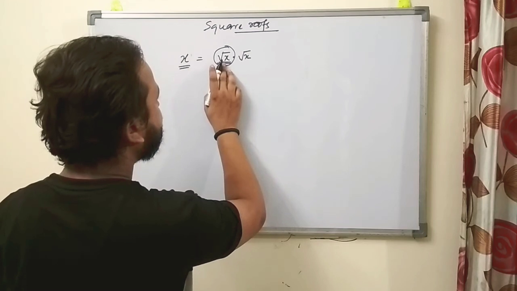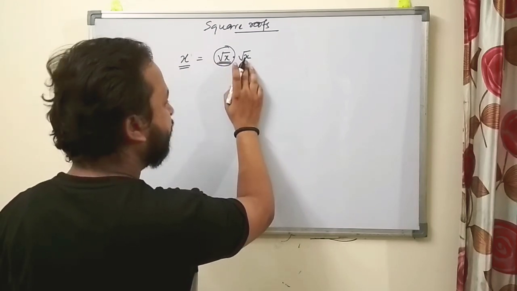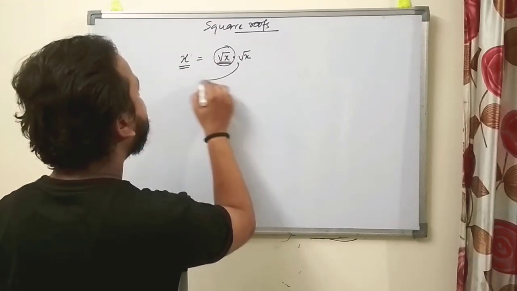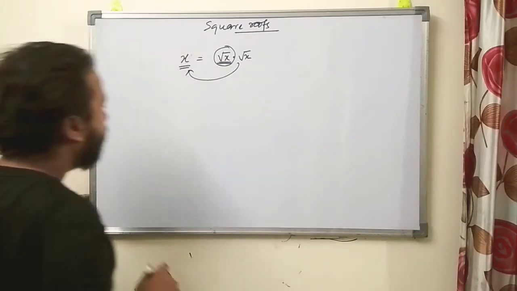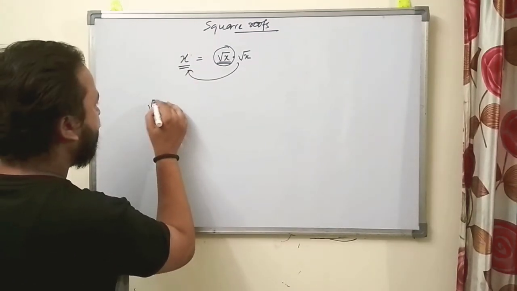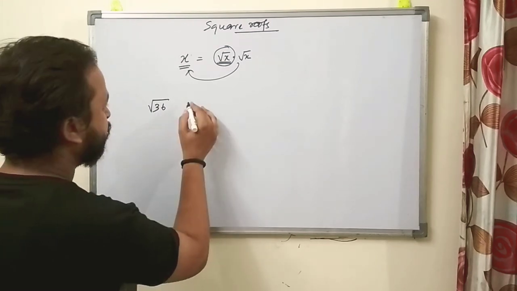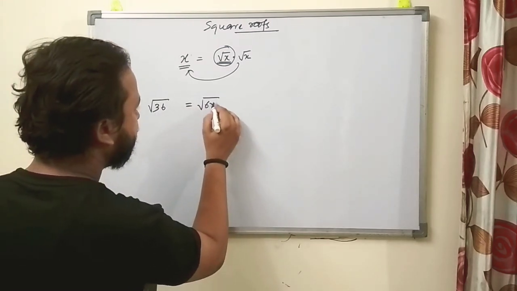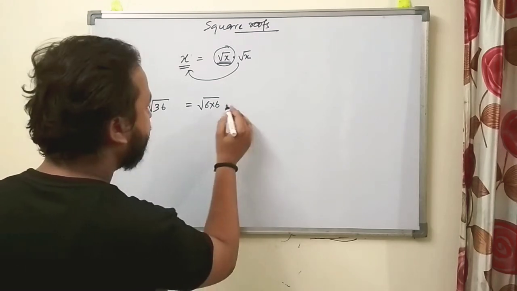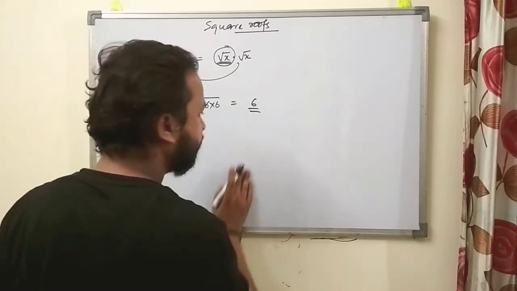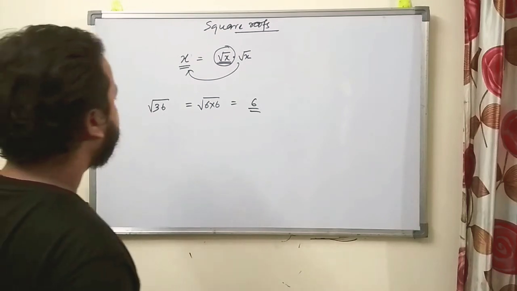Suppose it is 36. You have to find the square root of 36. The square root of 36 is 6 multiplied by 6. So 6 is the square root of 36.